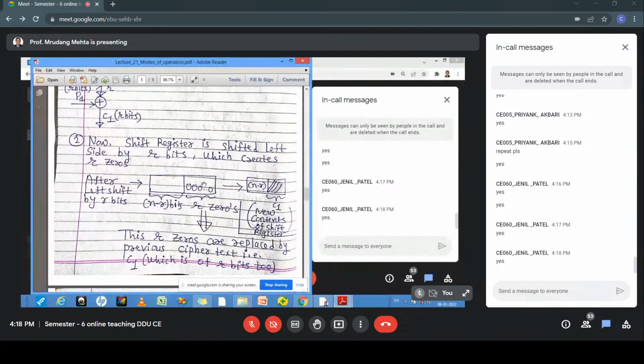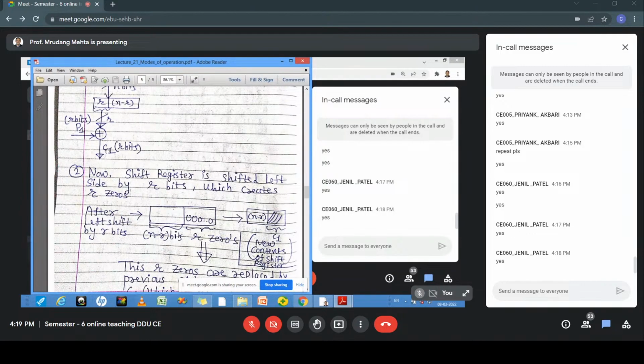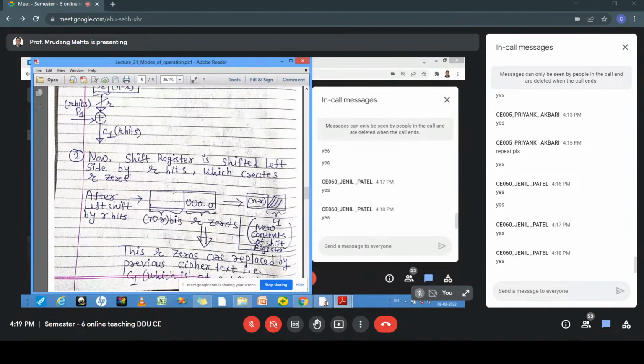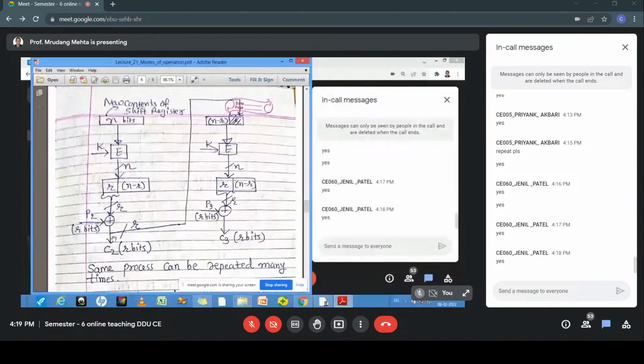Now these r zeros are replaced by the previous ciphertext C1. This C1 of r bits is put here with the n minus r bits. So this becomes our new shift register.